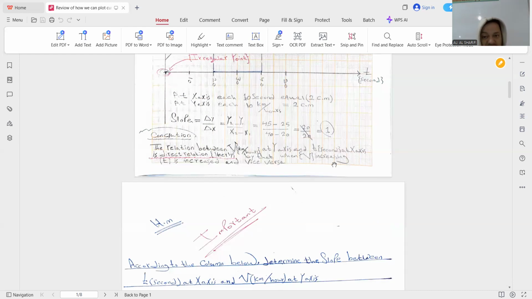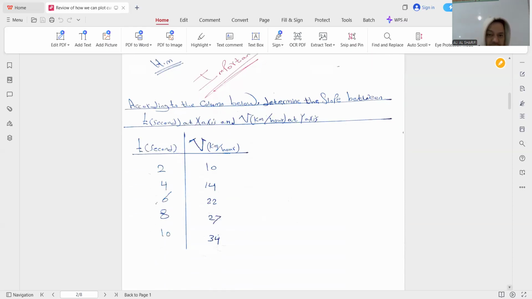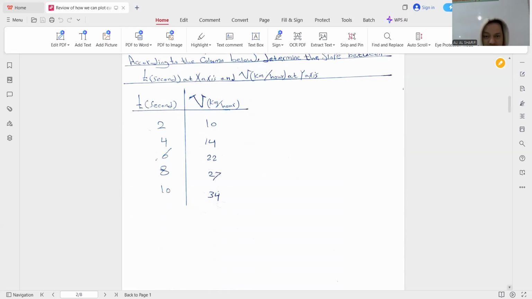When v increases, the time will increase and vice versa. Here, you have a homework question. It's important. It will help you to plot perfectly the resistance curve in the next experiment, in the next lecture, next week.